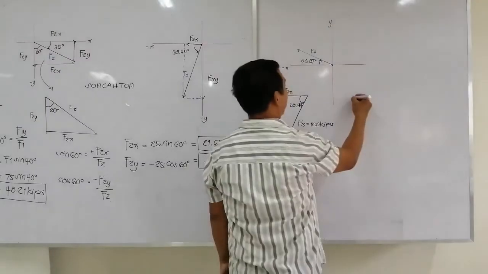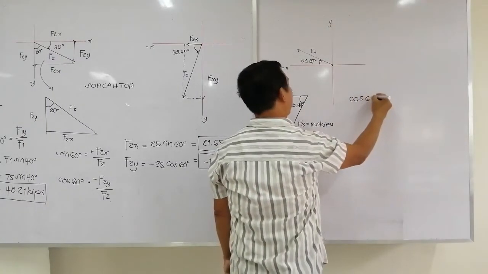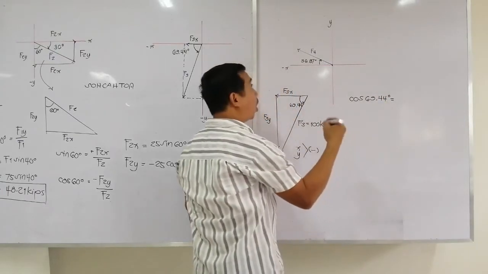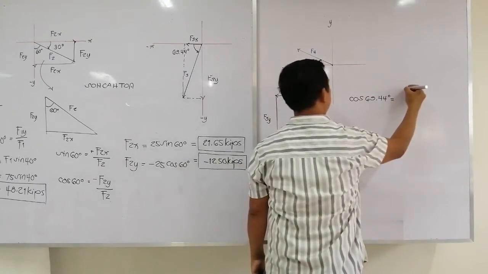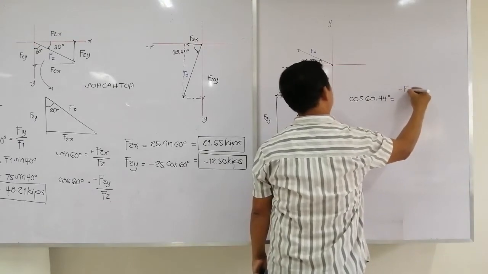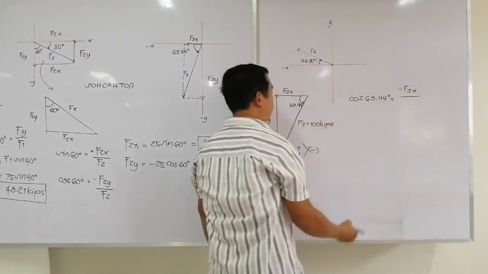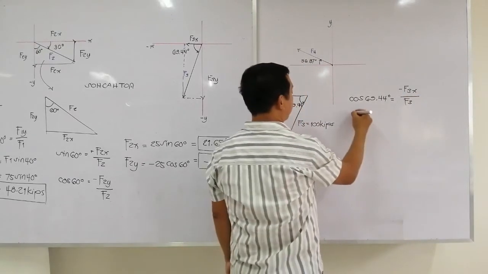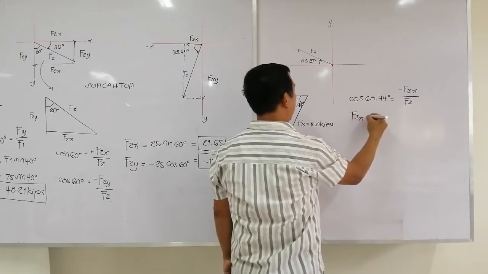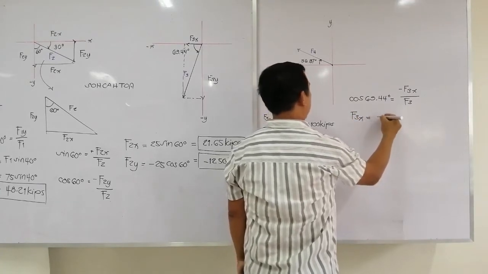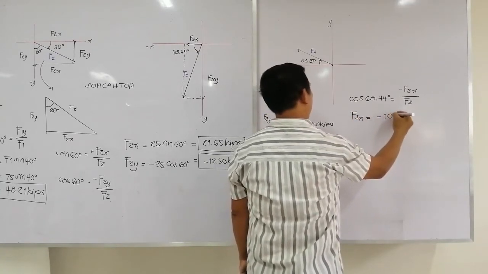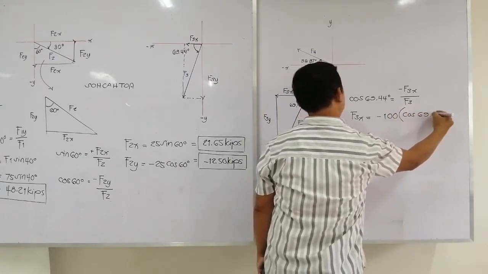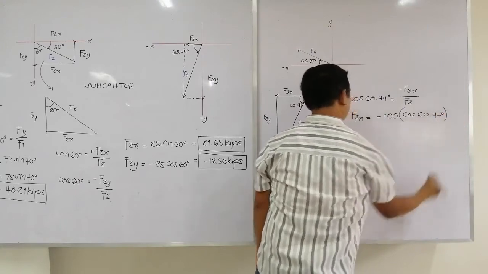Cosine of the angle 69.44 degrees, katawa, adjacent, negative F3 sub x over hypotenuse F3. So, you will have your F3x as equivalent to the negative F3, 100 kips times the cosine function of the angle 69.44 degrees.